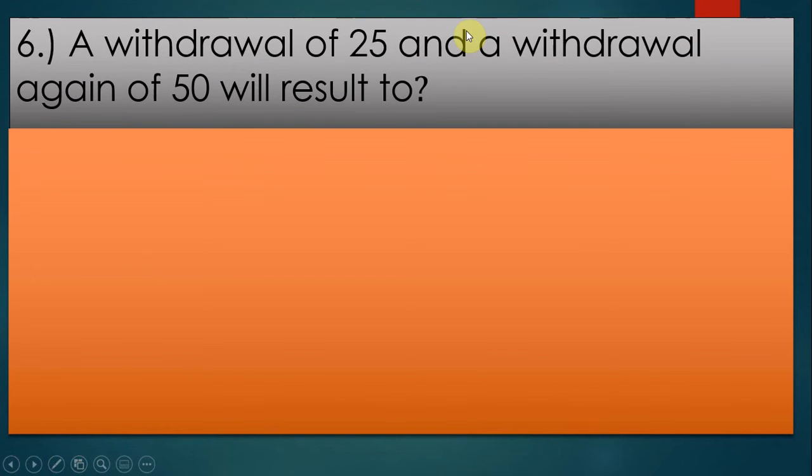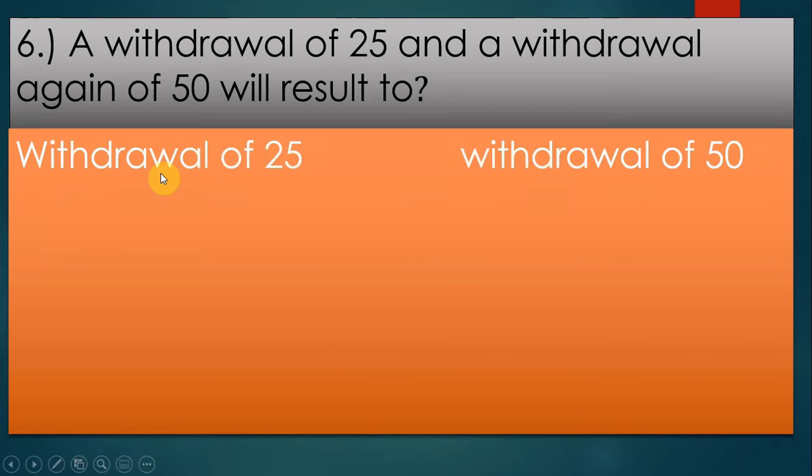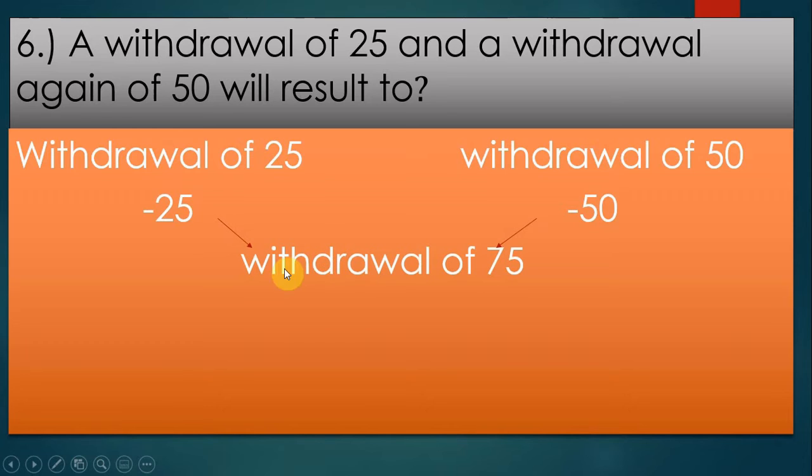How about number 6? A withdrawal of 25 and a withdrawal again of 50 will result to... So withdraw 25 and then withdrawal of 50 again. A withdrawal of 25 denotes negative 25, and a withdrawal of 50 denotes negative 50. Two withdrawals. When you sum up your withdrawals, it's a withdrawal of 75.